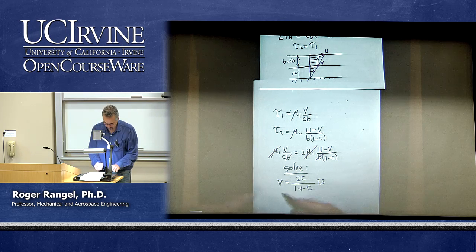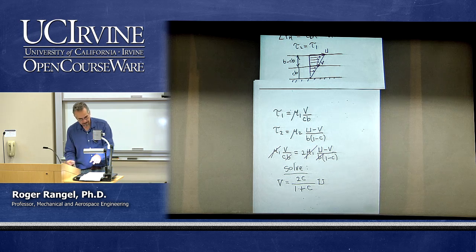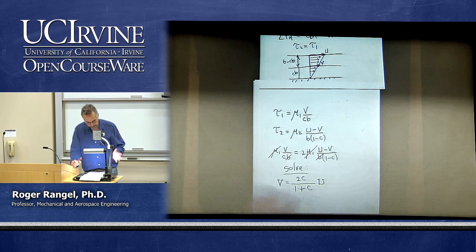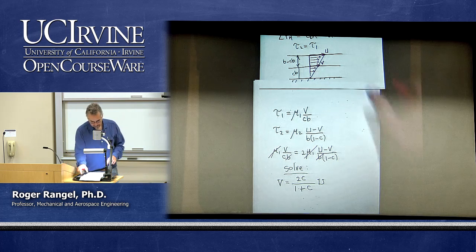Since we knew everything except for the value of capital V, we can find that that's the velocity of the middle plate.